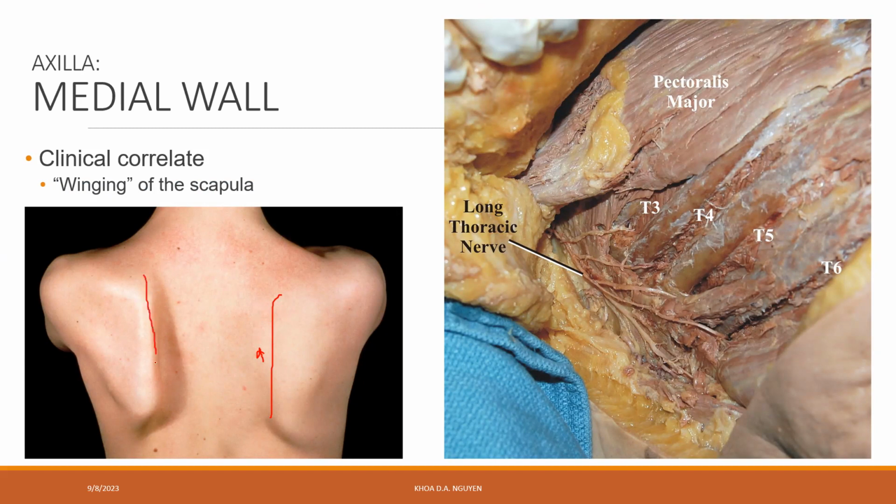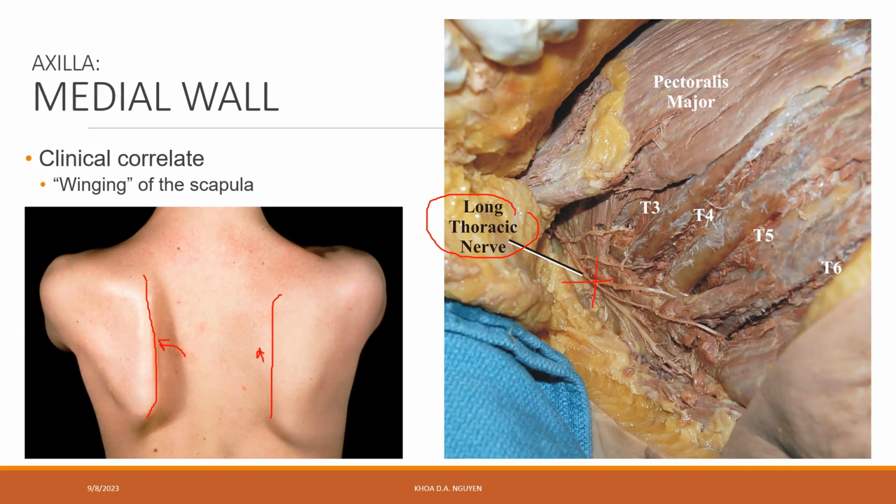But now what happens here? The medial border of the scapula is being blown apart from the posterior part of the ribcage right here. What happens on this side, which is the left side of the patient? This patient's long thoracic nerve on the left side may have been damaged. And when it is damaged, the serratus anterior does not get its nerve supply and it stops functioning.